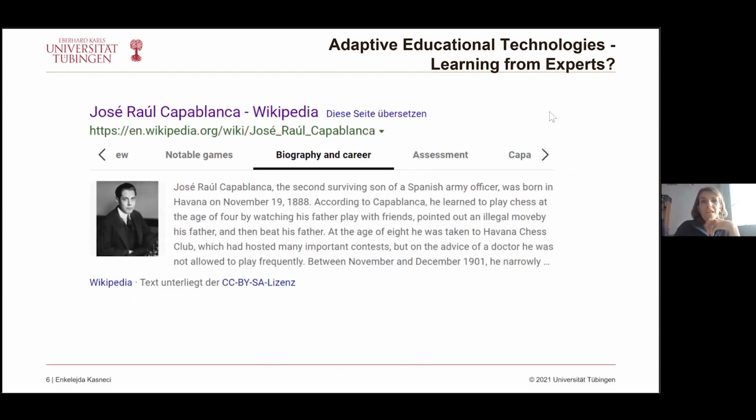How come we actually work on expertise development? A few years back, I read a very interesting article about one of the chess masters, Jose Raul Capablanca, and I found it quite interesting that he learned to play chess at the age of 4 by watching his father play with friends. He pointed out an illegal move by his father and then beat his father.